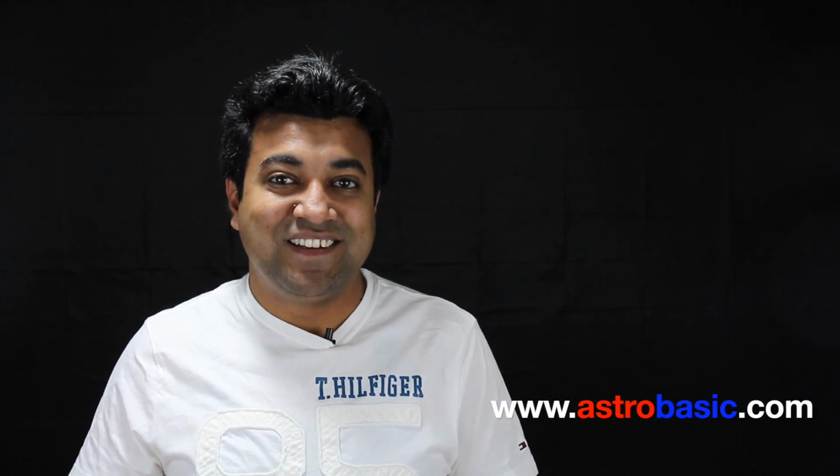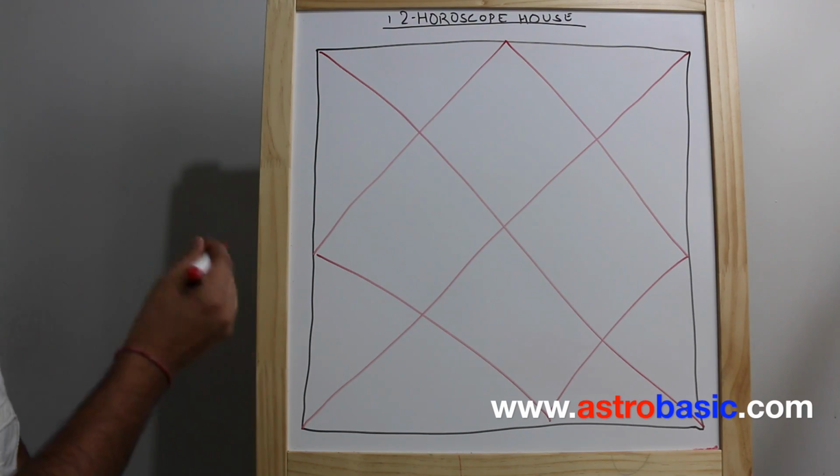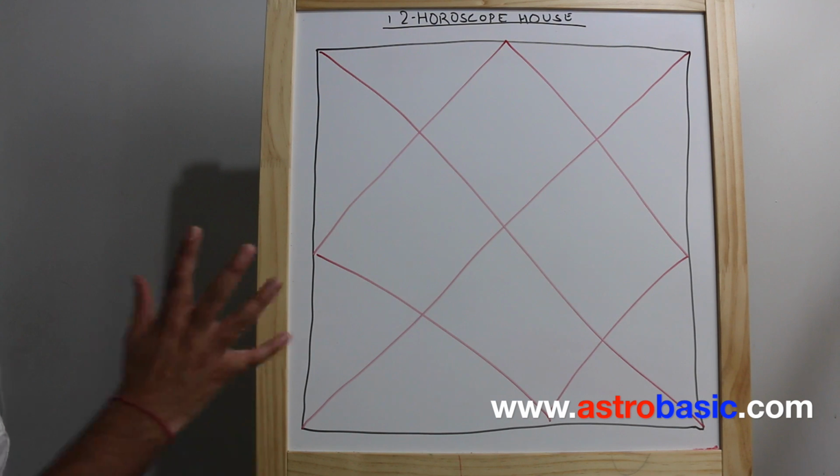So let's see. This is the horoscope chart, and as I said, the sky is divided into 12 equal parts, and the horoscope chart is basically the map of that sky. It represents which planets are in the sky in which zodiac sign.